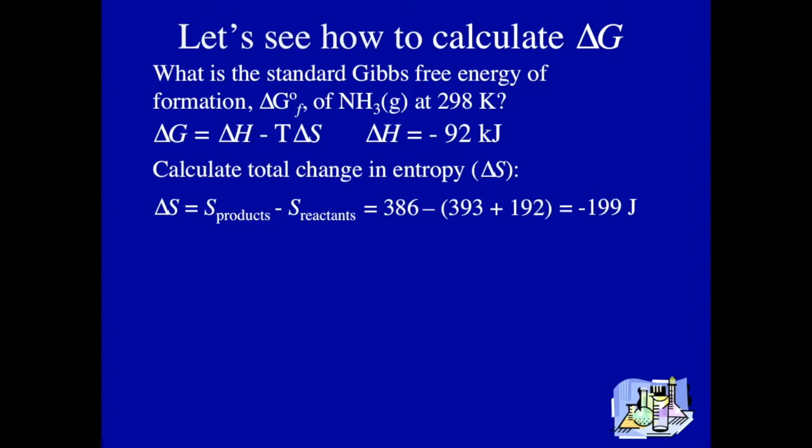So 3 moles of hydrogen and 1 mole of nitrogen will have more entropy than 2 moles of ammonia because we've decreased the number of particles that would be bouncing around in a system. 4 moles of gas has more entropy than 2 moles of gas. So we would actually decrease entropy by going from nitrogen and hydrogen to ammonia.